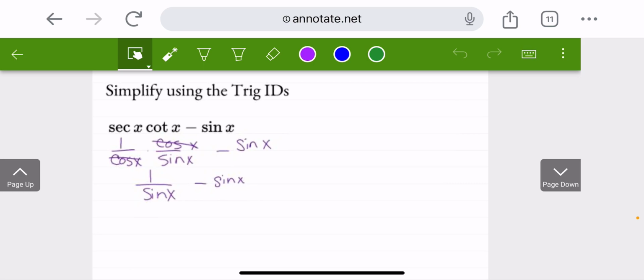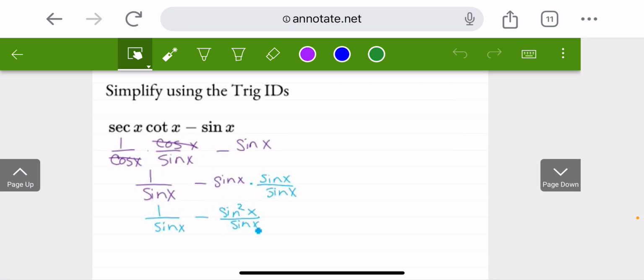I want it to have sine x as a denominator, so we're going to do sine x over sine x, so that we have that common denominator. So we have 1 over sine of x minus sine squared x over sine of x.